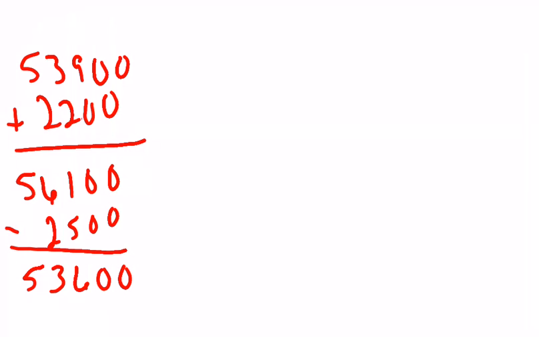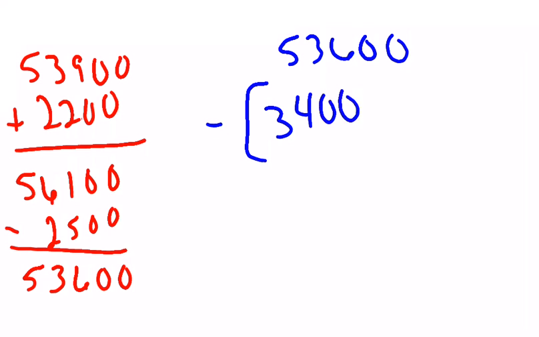Now, to find his taxable income, we need to take this $53,600 and we need to subtract a couple things, but we have to add these two up. So we subtract his exemptions, and it said that his personal exemption was $3,400. And we need to also add to that his deductions. So this is where we compare the two.